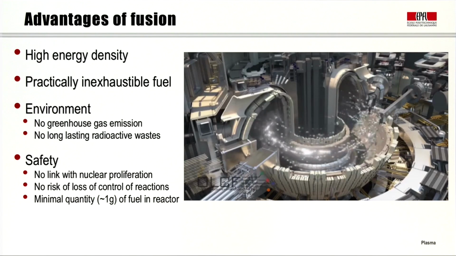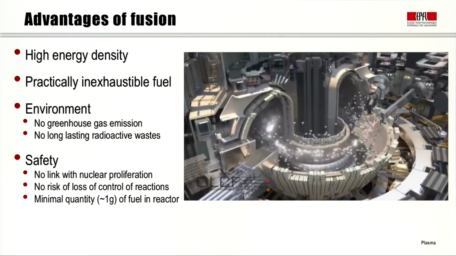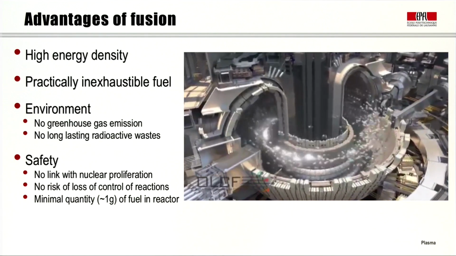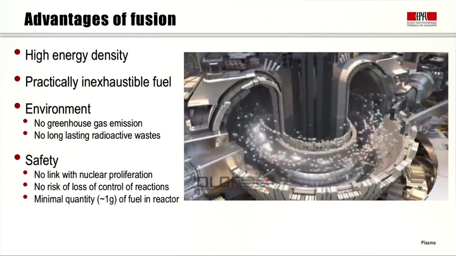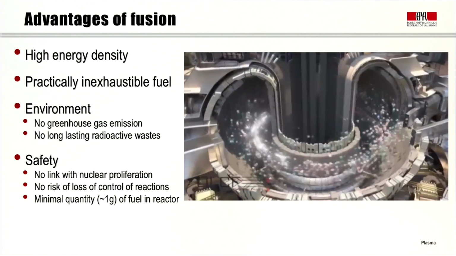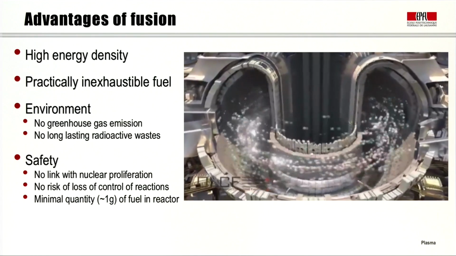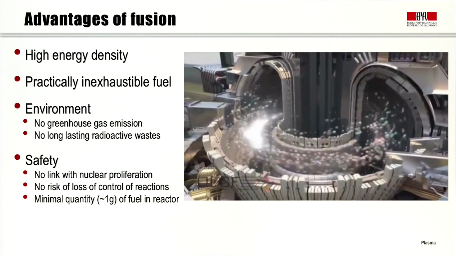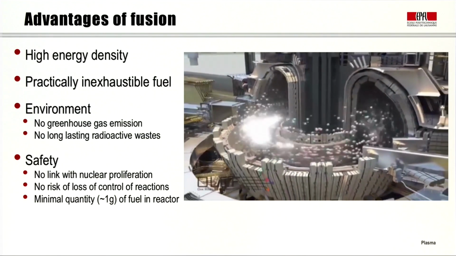We're talking about grams of fuel present even in a gigawatt level reactor, as illustrated pictorially in the movie that you're watching on the slide. And even in the case of a major accident, the release of the fuel will be in such minute amount that there will be no risk for the population even just around the reactor site.